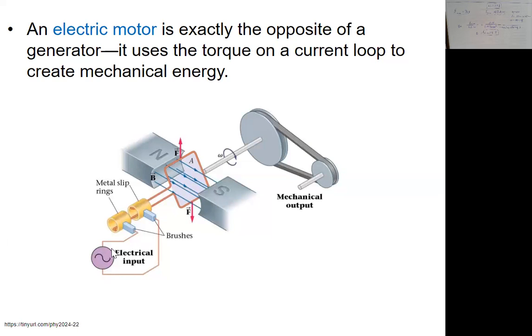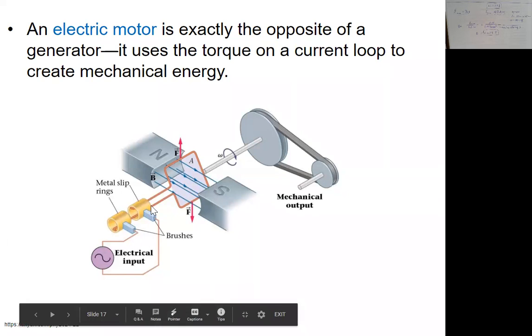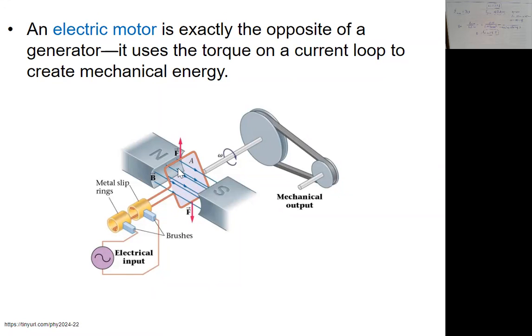If you have power supply over here, then there will be torque on the sides of the coil, because each side will experience force, and the torque will drive the circuit. The coil will be attached to a motor, a drum like this, so it will drive this. Then mechanical power will be taken at the output over here. So this is the other way around.